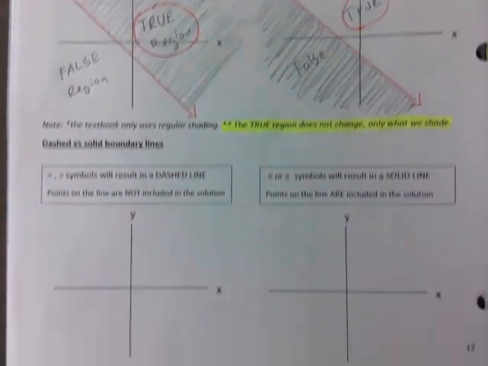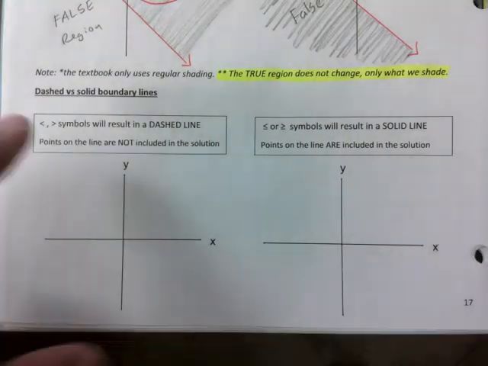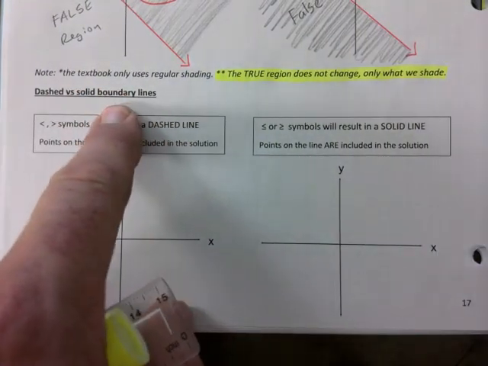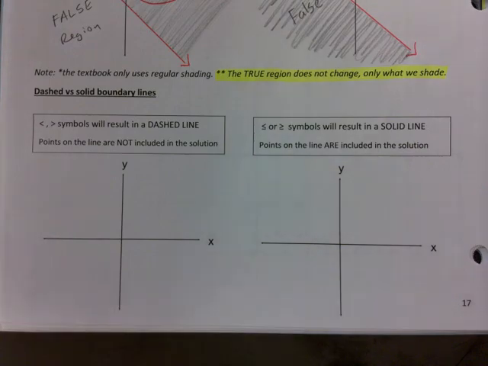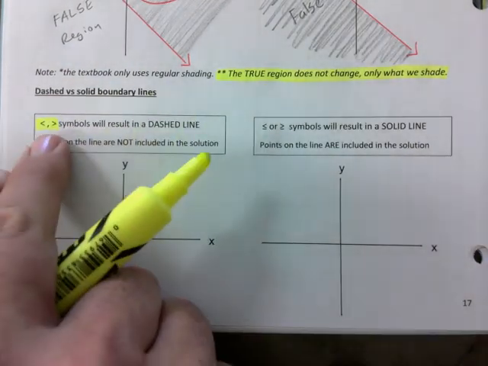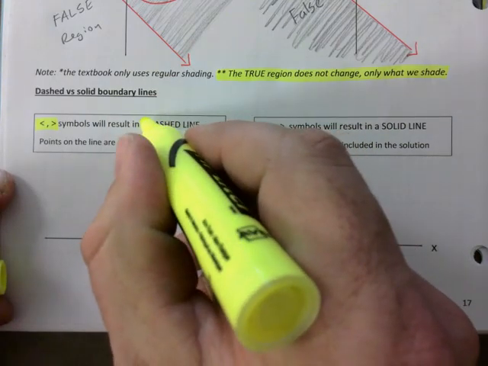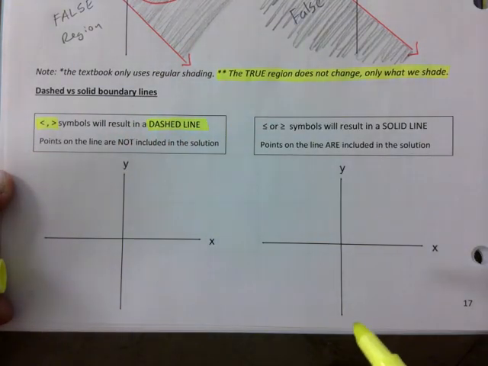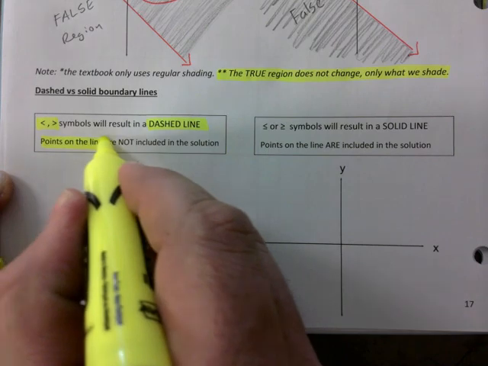Another concept you need to understand is the difference between dashed and solid boundary lines. Okay, so if you have these symbols that do not have an equal under them, we use a dashed line. Points on the line are not included in the solution.